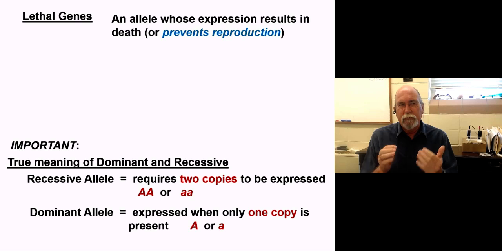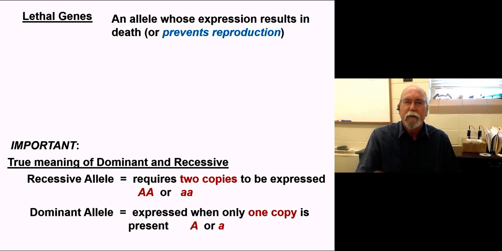Because we're going to talk about certain types of lethals that relate to dominant and recessive, and people start to confuse these a little bit, because they're so used to little letters being recessive and big letters being dominant, and they've had that mentally for so long that it gets intertwined with what we're talking about. It's one of the reasons I've been trying to be careful not to always use big letters and small letters.